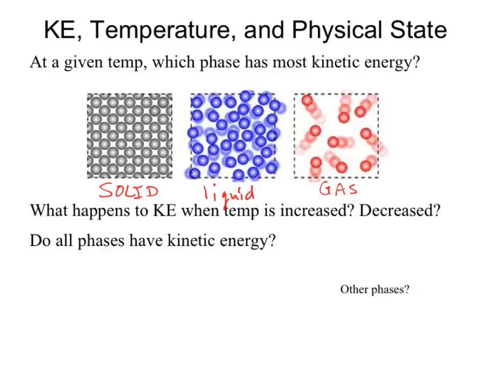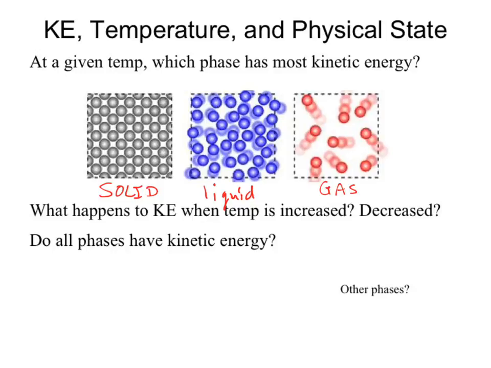Okay? So those simple observables that we came up with before on compressibility, shape, and the other one, all can come back to looking at our individual phases according to their energies. Do all phases have kinetic energy? Yes. Every single phase has atoms in it, or units. Each of those units is constantly moving.